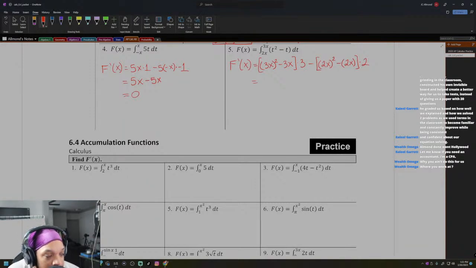Yeah. Okay. So now, in this first bracket, that's going to give me a 9x squared. I'm going to put the 3 out front. So that's going to be 9x squared minus 3x, minus, and then I'm going to put the 2 out front, 4x squared minus 2x. Wouldn't it just be like 4x? Because once you distribute it, it just cancels out.